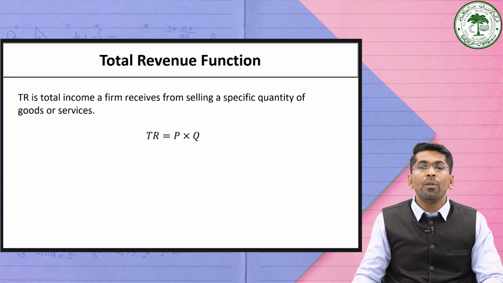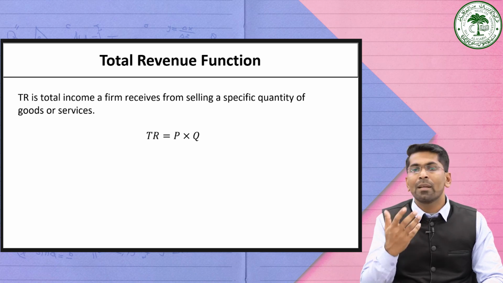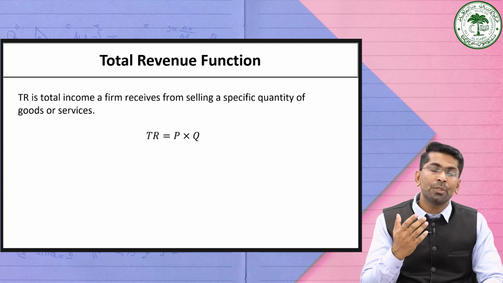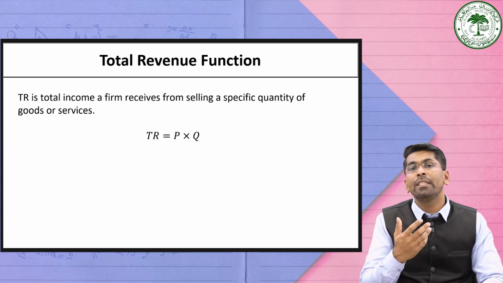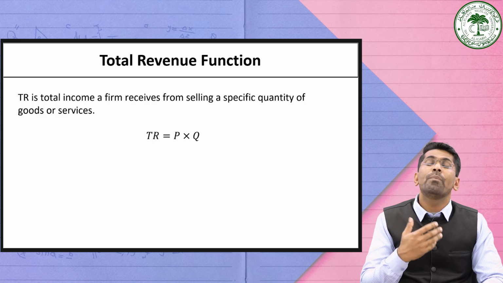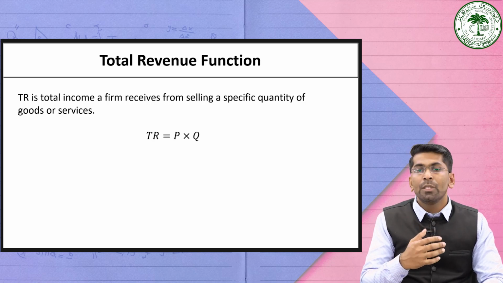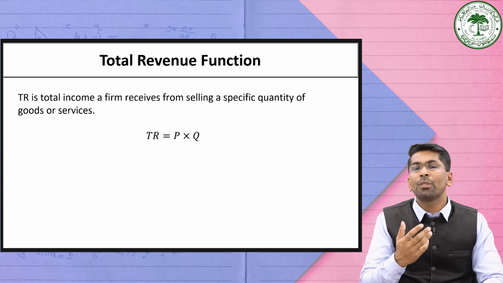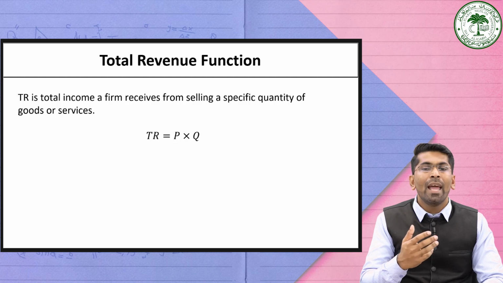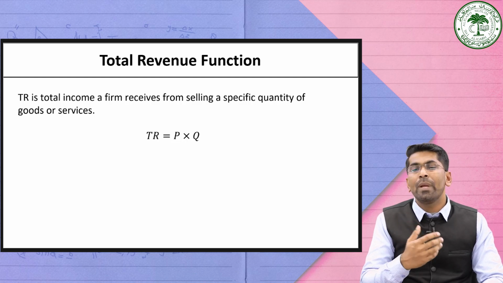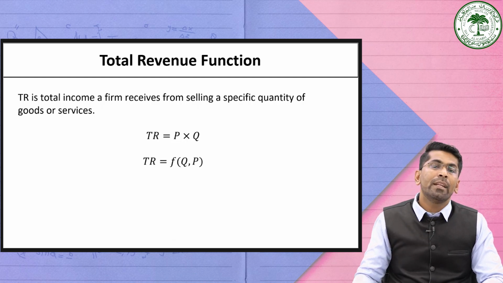So the total revenue function is a mathematical representation of how the total revenue changes in response to the change in the quantity sold or the price per unit. It is expressed as a function of quantity or price, and its form depends entirely upon the specific condition; total revenue is a function of the output and the price.